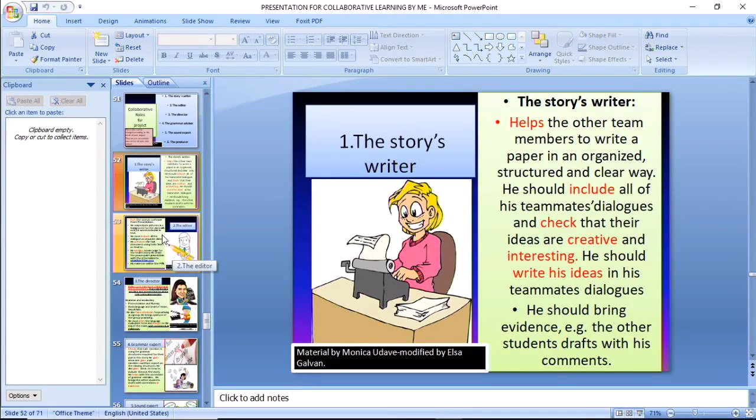who will check that the other people's dialogues are creative and interesting. He's not going to write the dialogues, but he's only going to check for creativity.